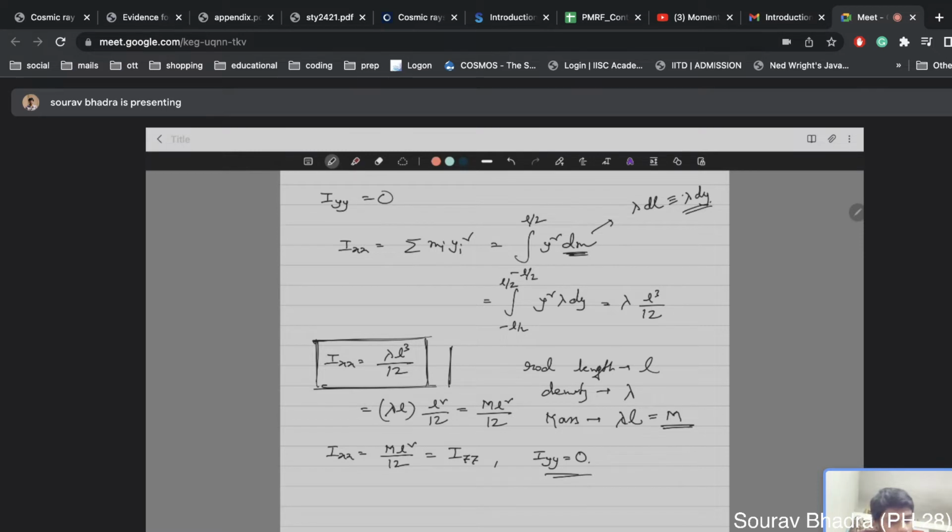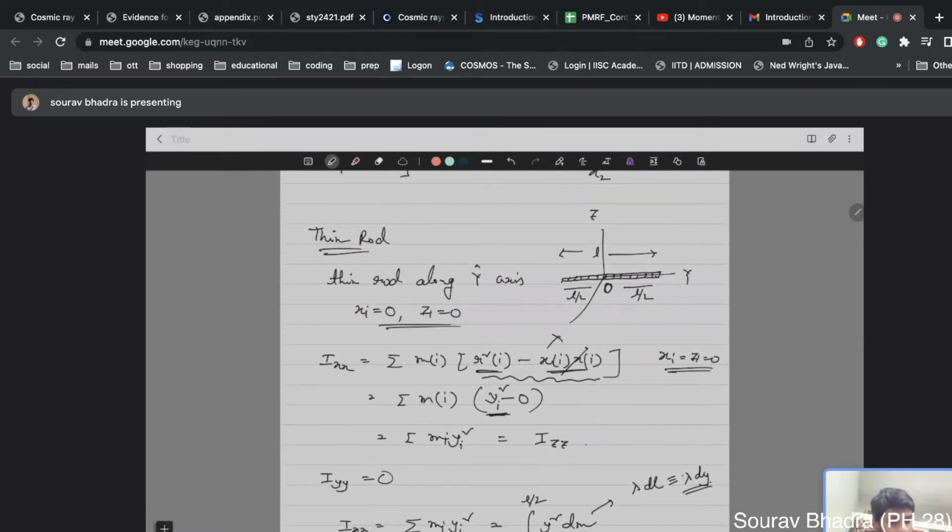Okay, so what does that mean? Suppose this is your rod, and this is the z axis, this is the x axis, and this, which is coming towards me, is the y axis. Now if your rod rotates like this about the z axis, then you will get a moment of inertia of the rod equal to m L square by 12.